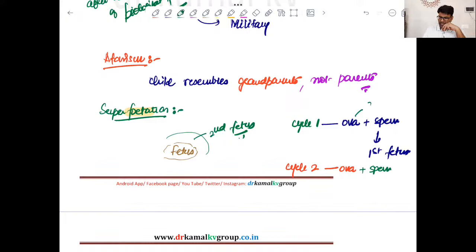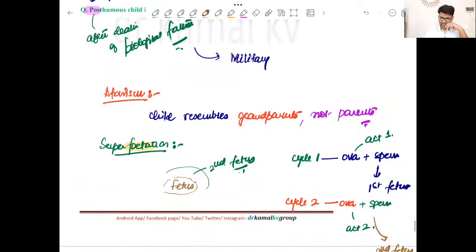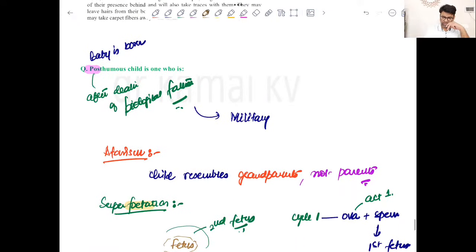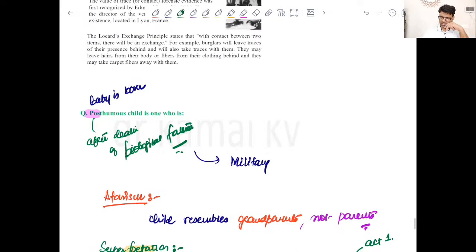So this is act 1, this is act 2, and this has also resulted in a second pregnancy, that is second fetus. So the pregnancy is two different, yes. So this is superfetation.